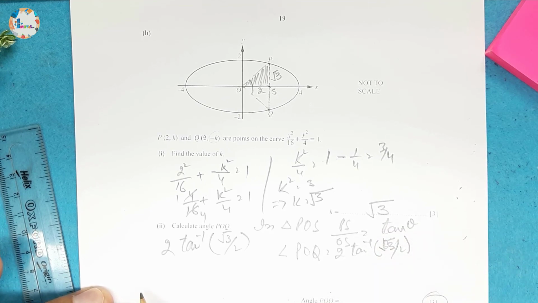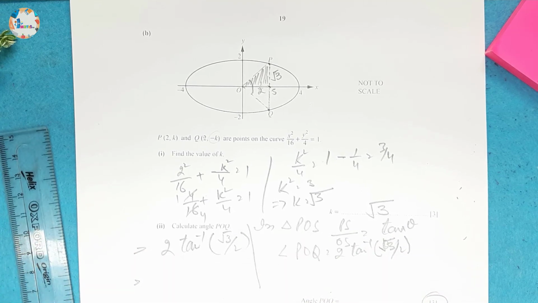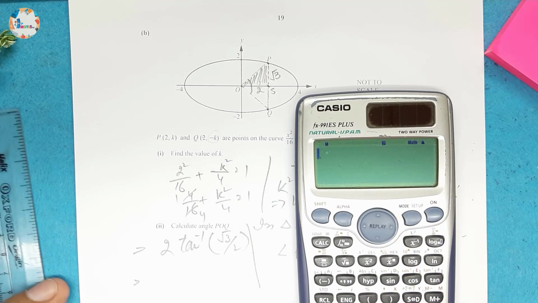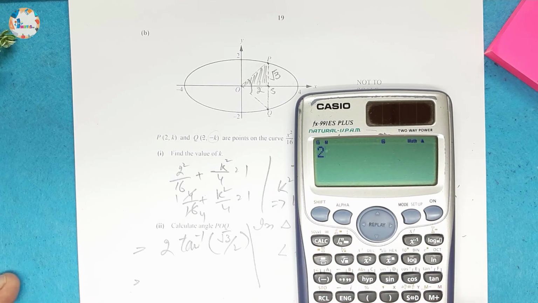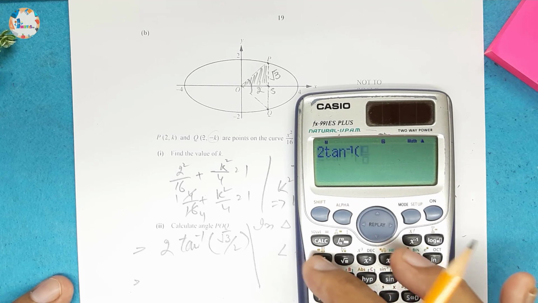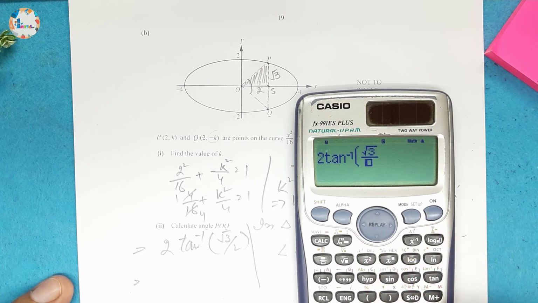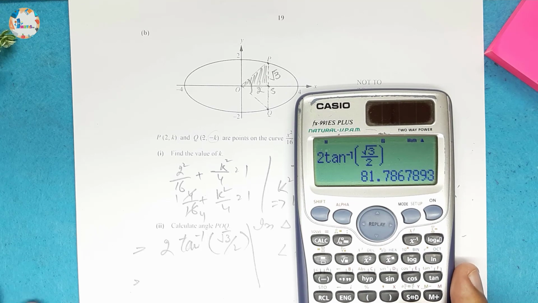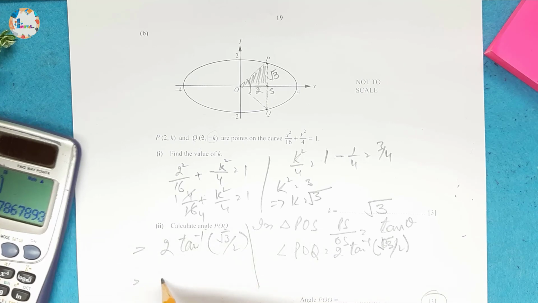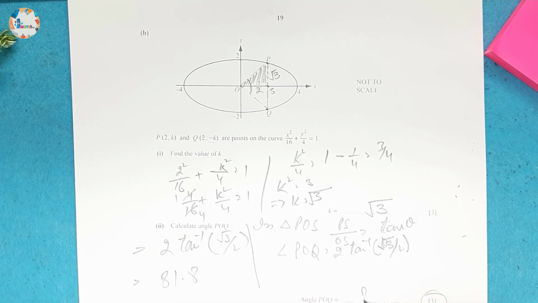You can write it directly like this. What will tan inverse of this be equal to? We can use the calculator for this one: 2 into tan inverse of root 3 over 2, and this will be equal to 81.78, or we can write 81.8.